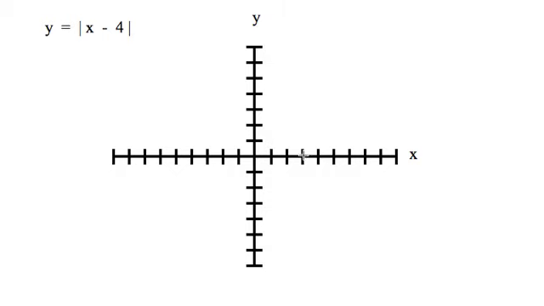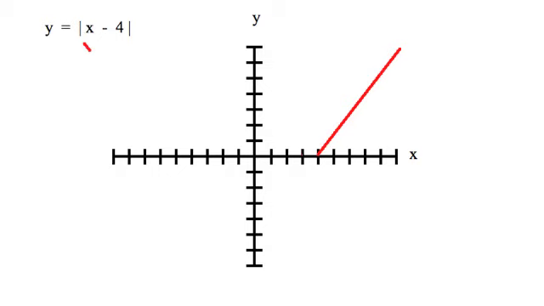Well, at x is equal to 4. 1, 2, 3, 4. So as you go on either side of 4, for example, as x goes to 5, it can only get greater. And as x goes on the other side of 4, the absolute value also has to get greater.